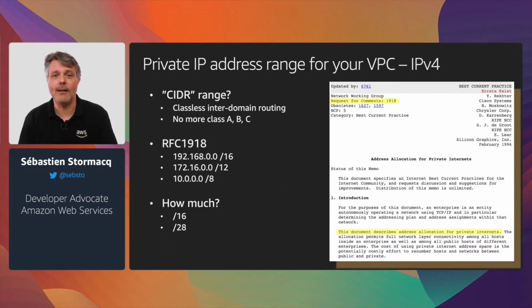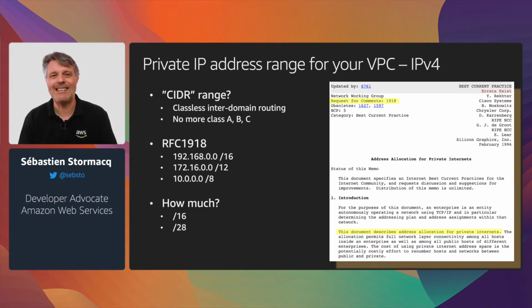It means that you have 16 bits available for your host, which is a bit more than 65,000 hosts, or your network can be as small as /28, which means out of the 32 bits IPv4 address, it would be only 4 bits available for the host.